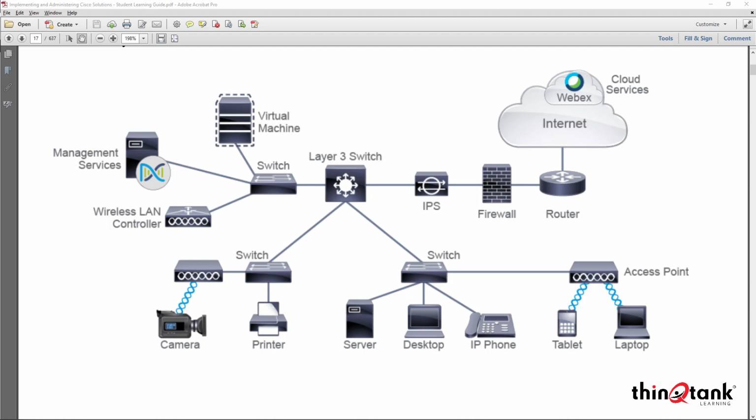And then, of course, we have intelligent control plane devices, like a wireless LAN controller. A wireless LAN controller is kind of a central control point for our wireless architecture. But it's not just provisioning and deploying access points. That wireless LAN controller is providing centralized security functions.